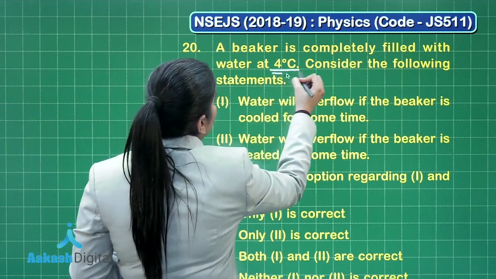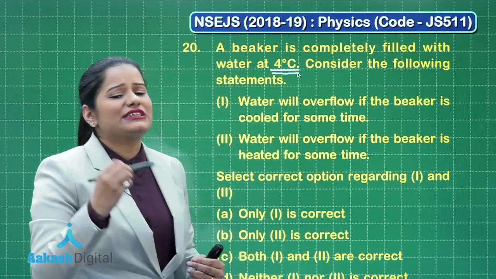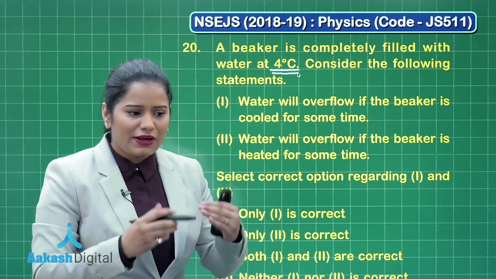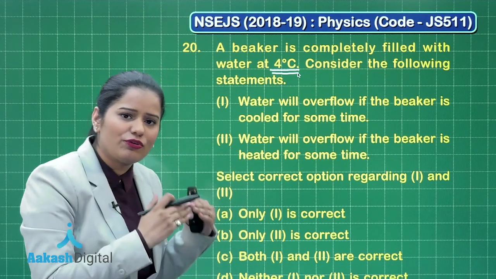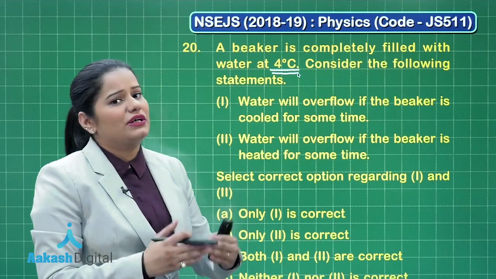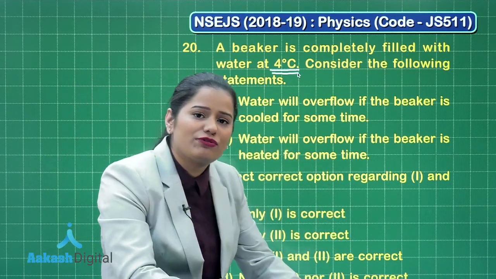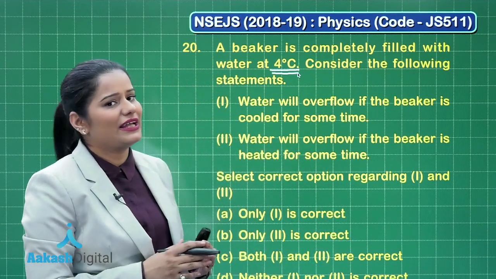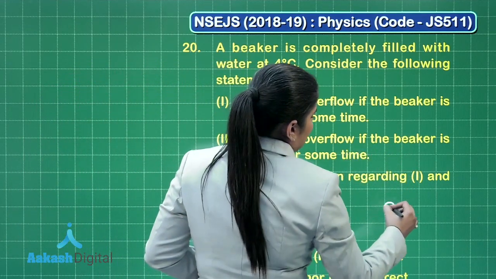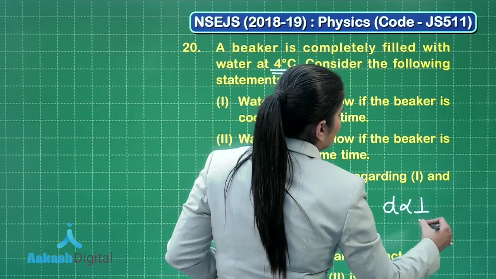Here we are given that the beaker is completely filled with water at 4 degrees Celsius, and I hope you know the fact that the density of water is maximum at 4 degrees Celsius. If the temperature decreases from 4 degrees Celsius, the density is going to decrease. If the temperature increases above 4 degrees Celsius, the density is again going to decrease. And density is inversely proportional to volume.